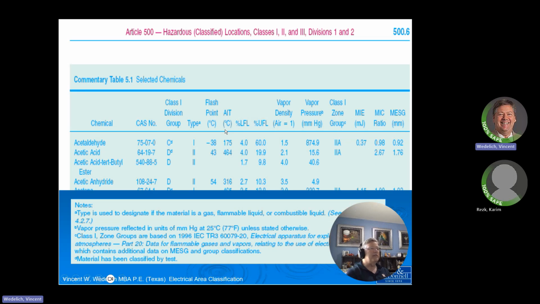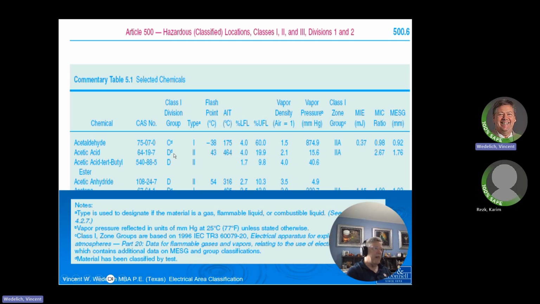So here are these charts, right, that we look up. So if I look at, you know, acetic acid, it's a class one division group D. It tells you what it is. It is type two. Well, we don't really care about type two. We only care about D in this case.